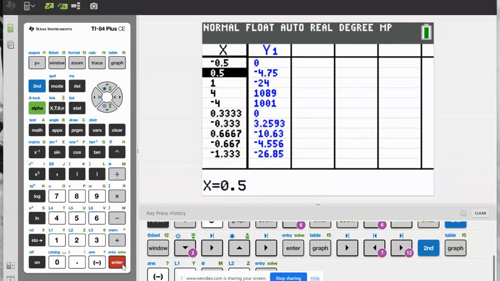From the graph, how did you get to that? Okay, you're going to press second graph, the second button and then the graph button. I got negative 5 as the y when I put in negative 0.5. Uh-oh, what happened?